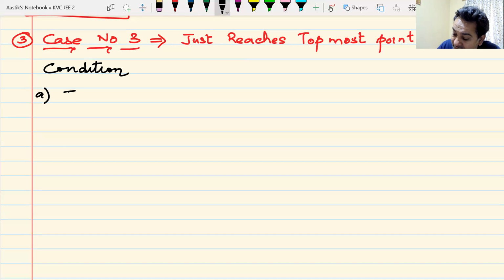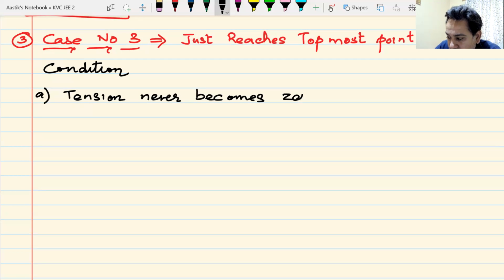The first condition is tension never becomes 0 between A and C. Yes or no? Do we agree on this? Yes, sir.